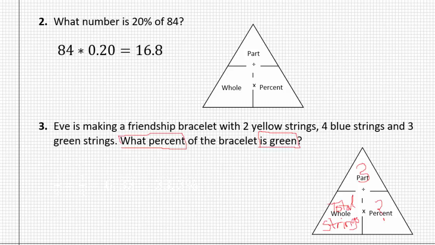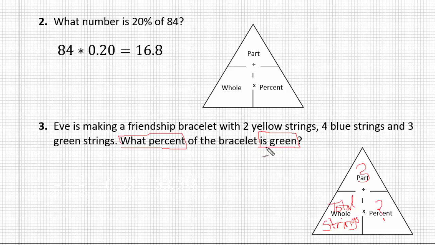Alright, what are you thinking? Well, here it says what percent of the bracelet. So what percent automatically made me put a question mark in our percent section of the triangle. Of the bracelet, so we're talking about the total amount or the total number of strings. So I put total strings here, haven't done any calculations yet, just trying to get it set up.